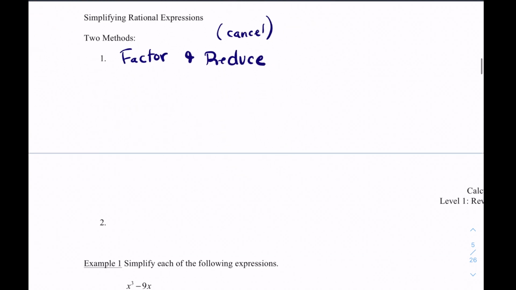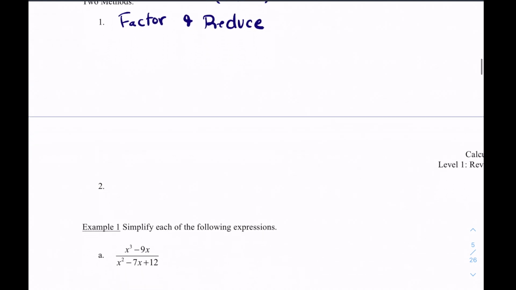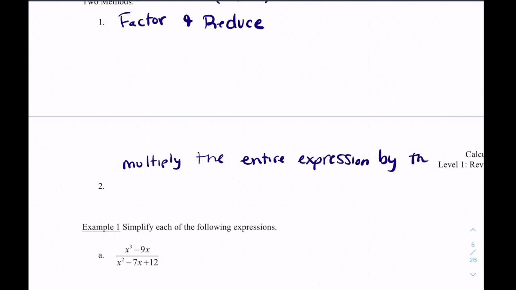The second thing that you might have to do when you're simplifying a rational expression is multiply the entire expression by the least common multiple of the denominators.